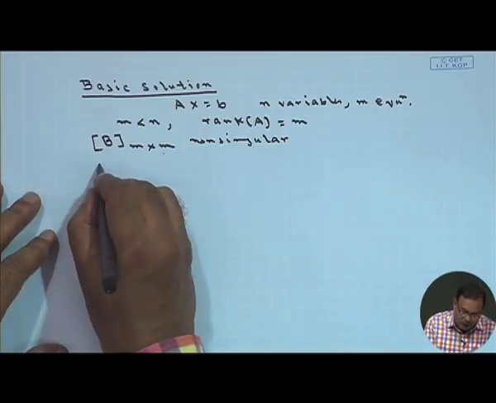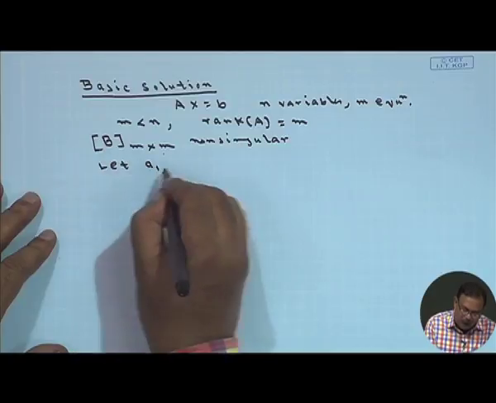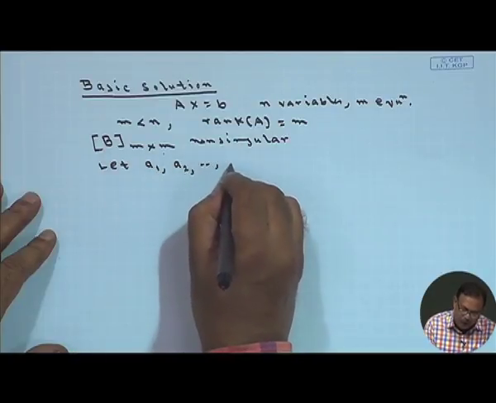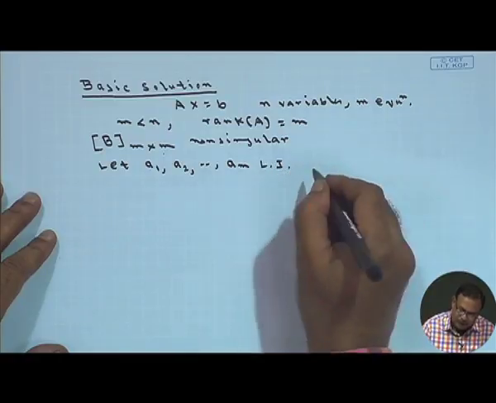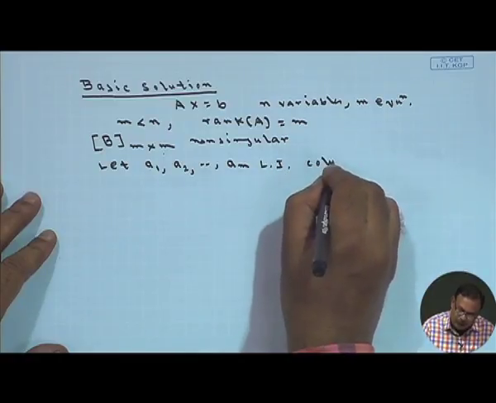So let A1, A2, up to Am be the linearly independent columns.